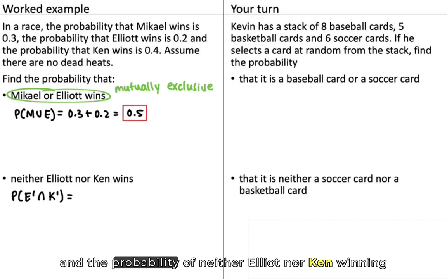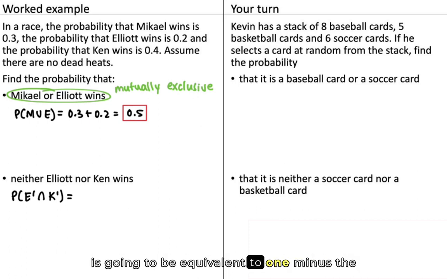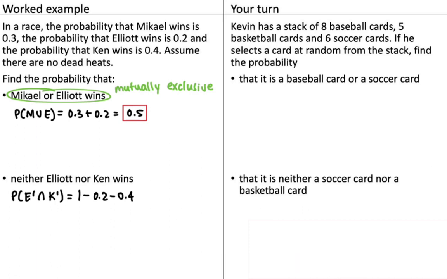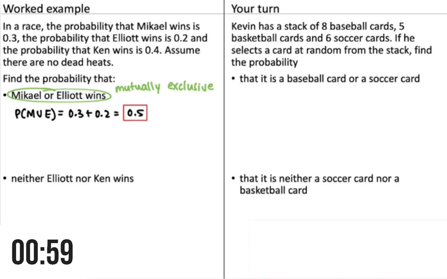And the probability of neither Elliot nor Ken winning is going to be equivalent to 1 minus the probability that Elliot wins and Ken wins. So what's left over is 0.4. Please try the next question.